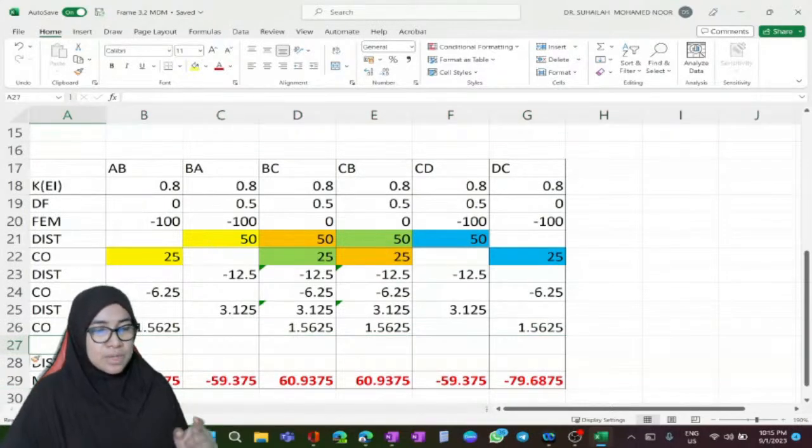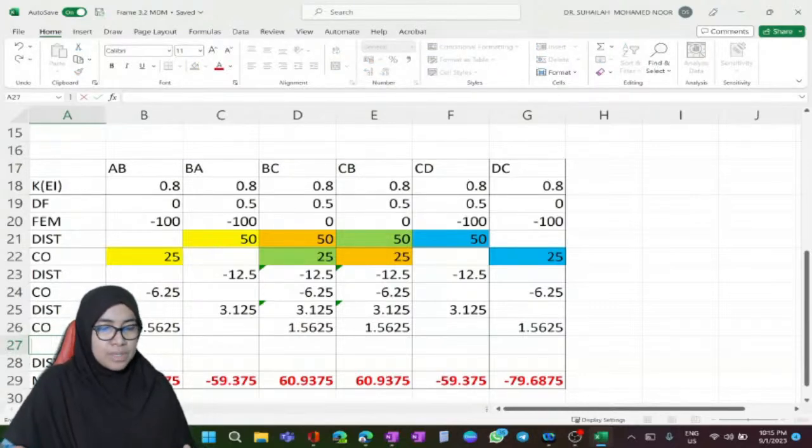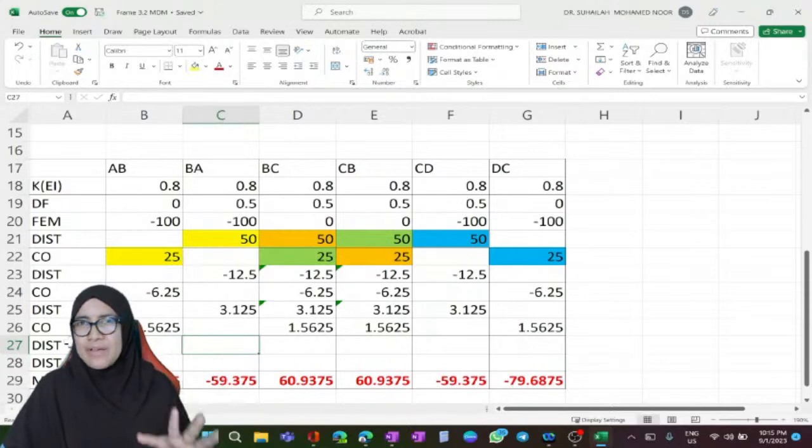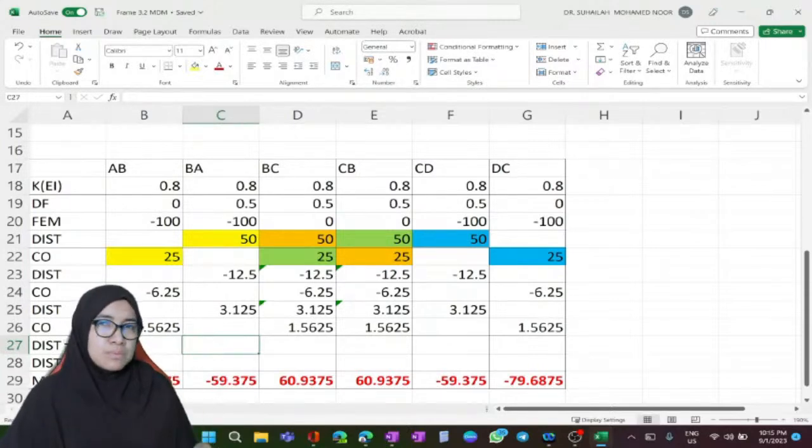Okay, carry over distribution. Distribution again. Normally 5 times or 6 times, then you can get near to 0.